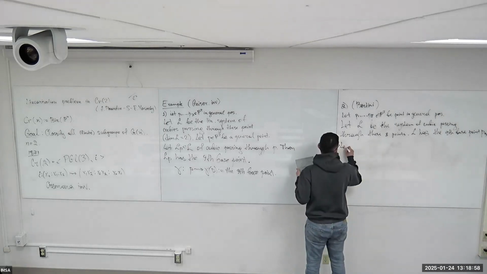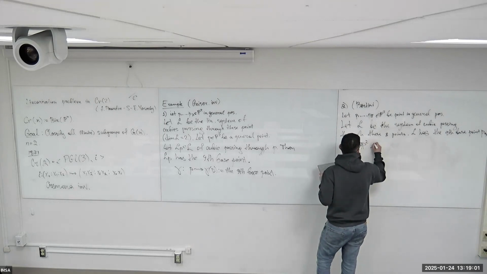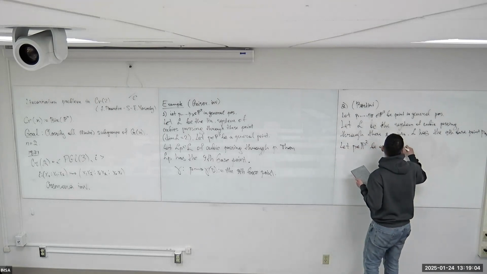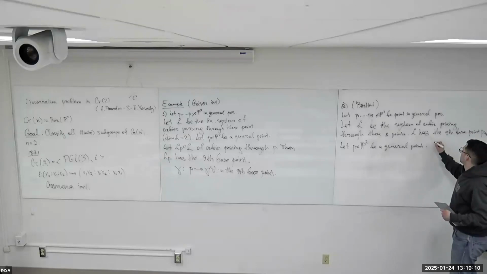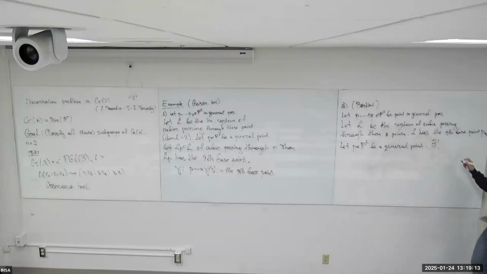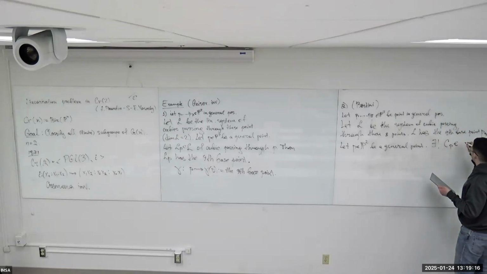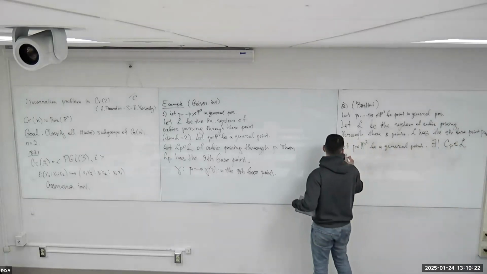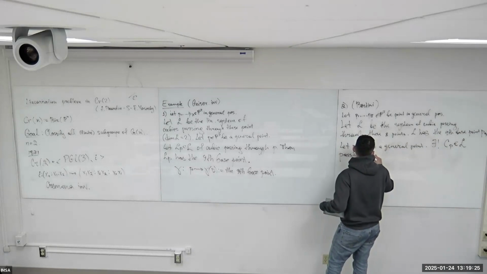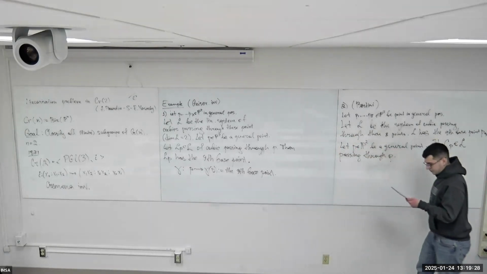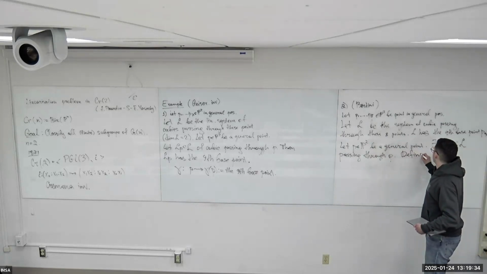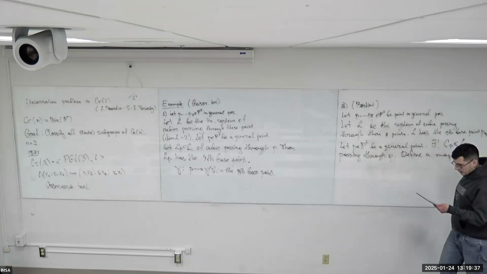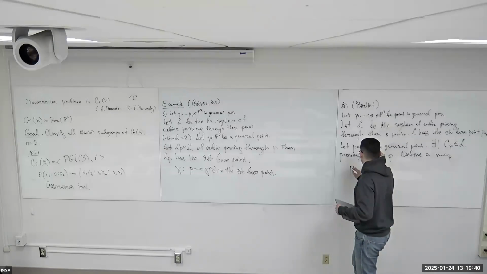I take, again, a general point P. And I claim that there exists a unique cubic CP from this linear system L passing through P. And now I define a map, which I denote as beta.